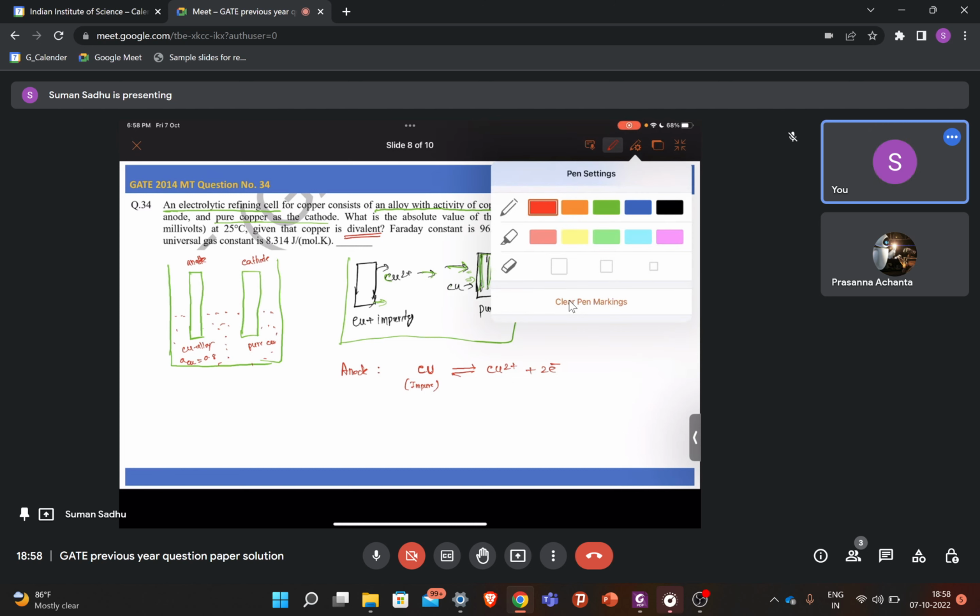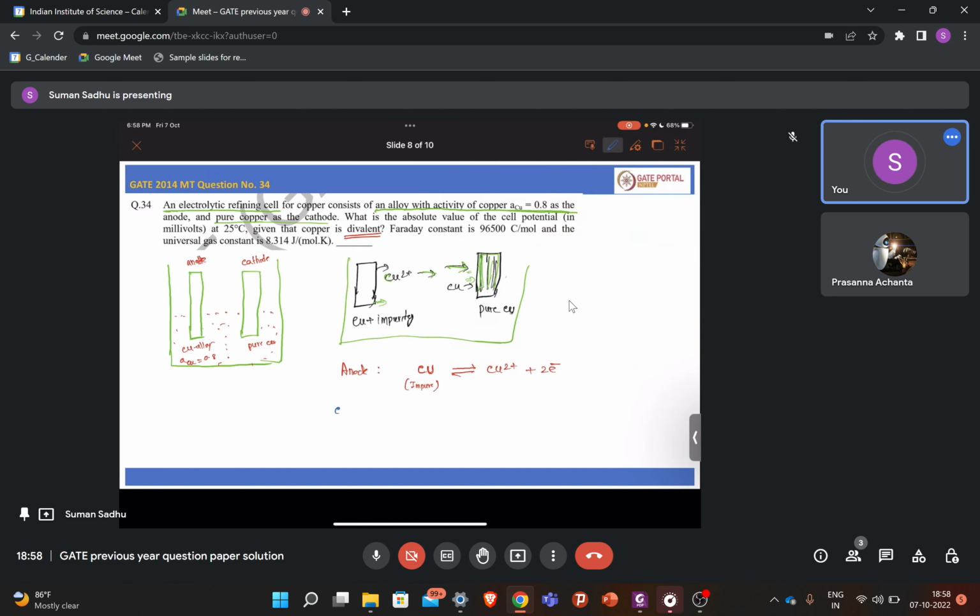And now, which reaction is happening at the cathode? Copper is coming and depositing. That means Cu2+ is taking electrons from the cathode, because the cathode is negative here and the anode is positive here. So it is taking electrons from the cathode and getting deposited as copper in pure form, with no impurities.